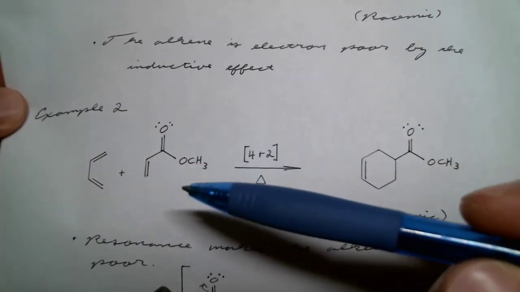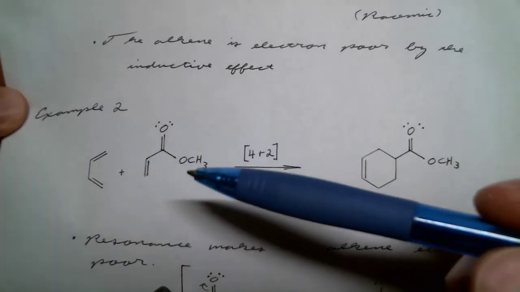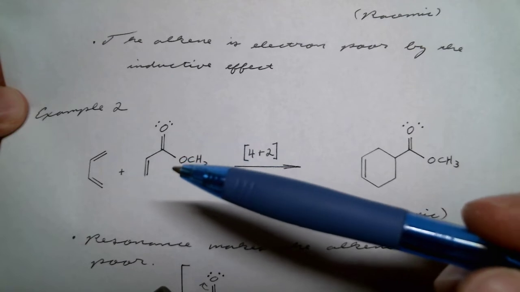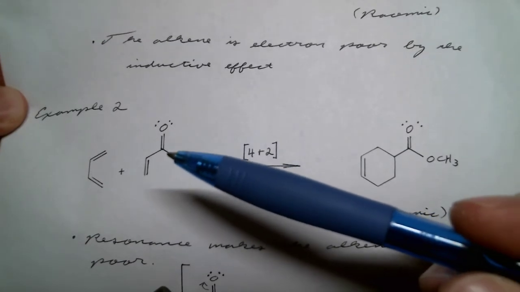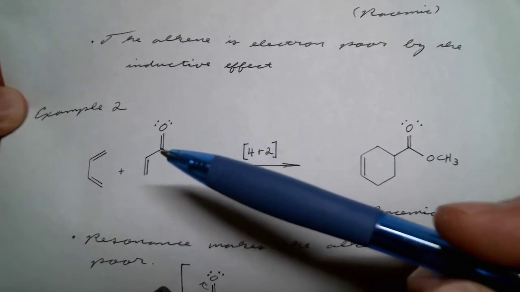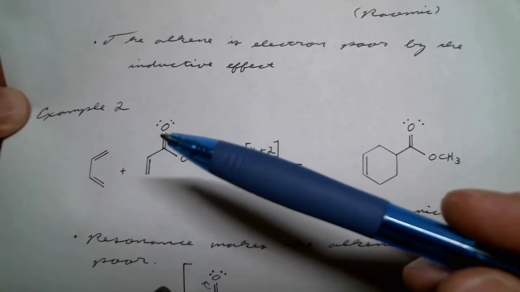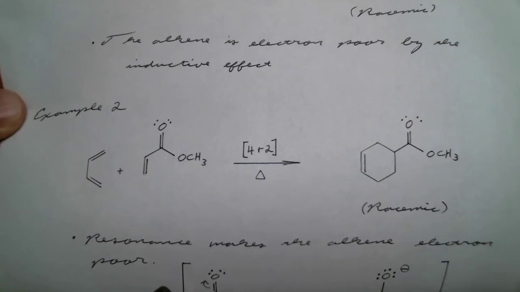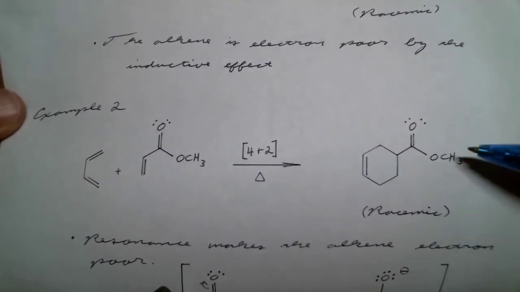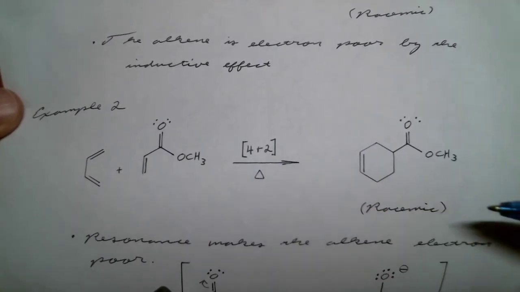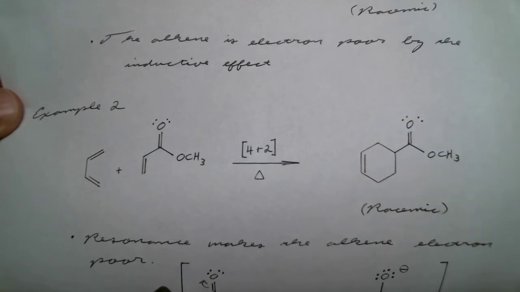Here's another example. Here we've got 1,3-butadiene, and here we have a methyl ester group, which is a pretty electron withdrawn carbon, right? Carbon's essentially got 3 bonds to oxygen. One of them is a double bond, right? And another is a single bond. At any rate, we can do a 4+2 and end up with this racemic cyclohexene.